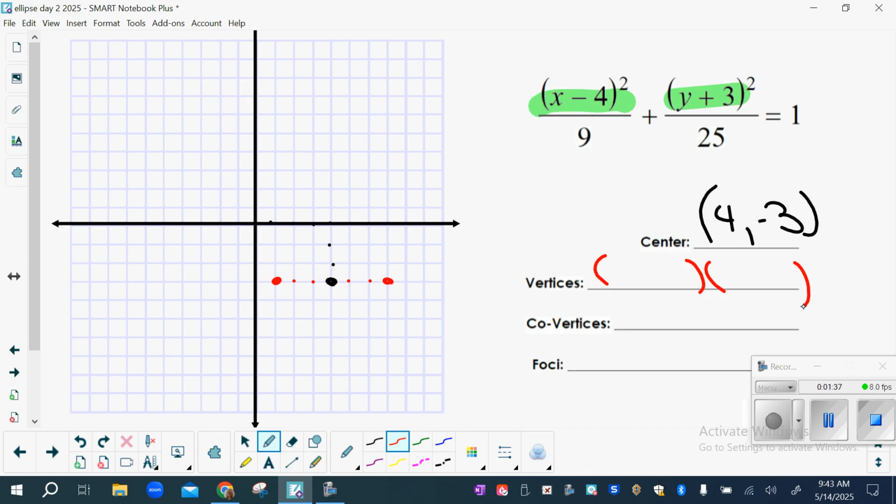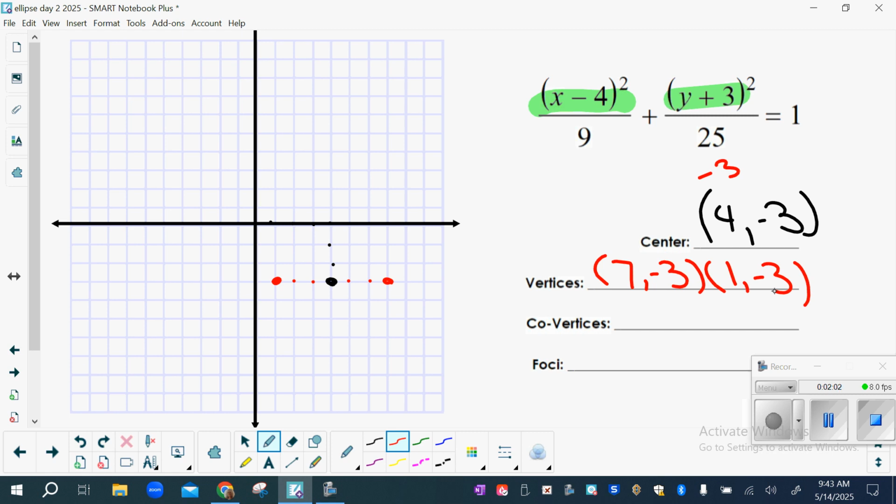So I am literally going to add 3 to this guy. So I get 7, -3. And then I am going to subtract 3. So I get 1, -3. So do I actually get it from here? I personally don't, because I miscount all the time. But if you want to just count it up, count it up.